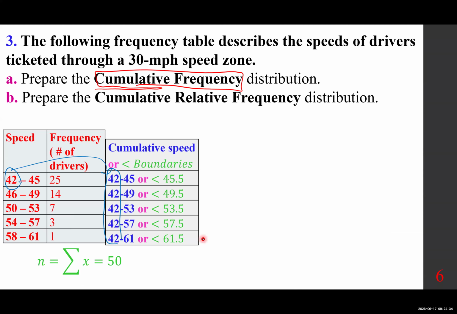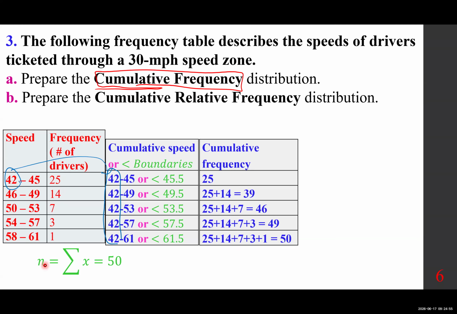Okay. Now, what about the cumulative frequency that we want to write here? Well, 25 remains, but this one now, since it starts from 42, is 25 plus 14, then add 7, then add 3, then add 1, and the last one must always be n.